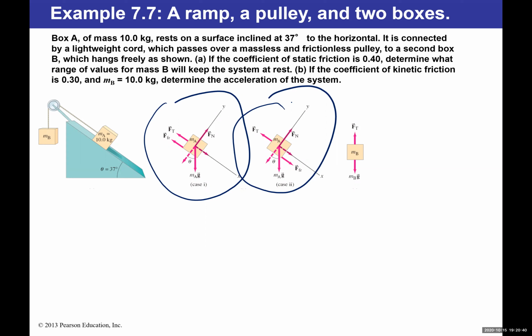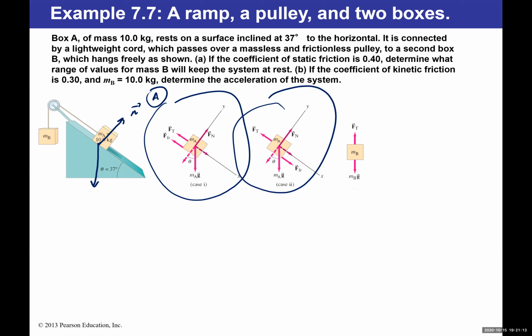case 1 first. That means we are looking for the mass of B such that it prevents the mass of A from sliding down. In that case, for the free body diagram for A, you have the normal force from the surface, and the gravity acting on it like this.